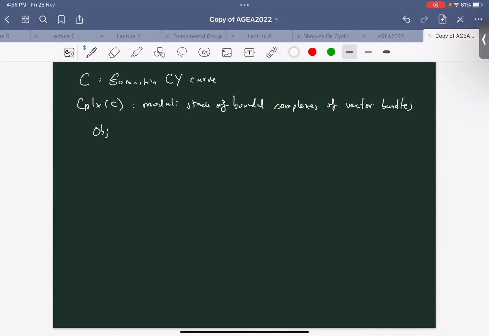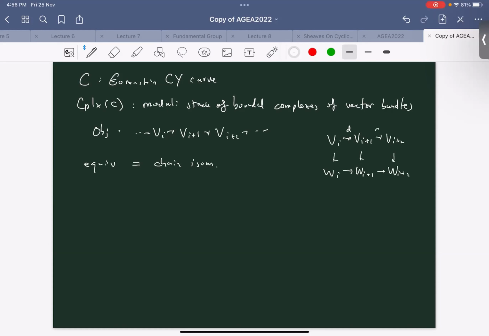Well, the object is the same, but for this new moduli space I use a different set of isomorphisms. Here, equivalence is really defined to be chain isomorphism. What does it mean for two such complexes to be isomorphic? In the most rigid way, I want a vector bundle isomorphism termwise, which commutes with the differential. Okay, so this is my notion of equivalence.